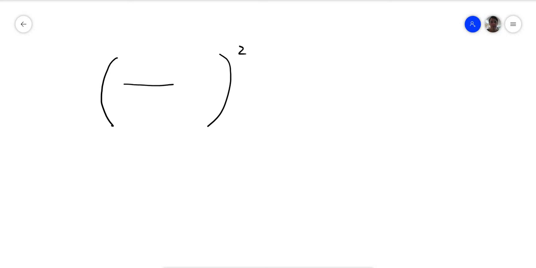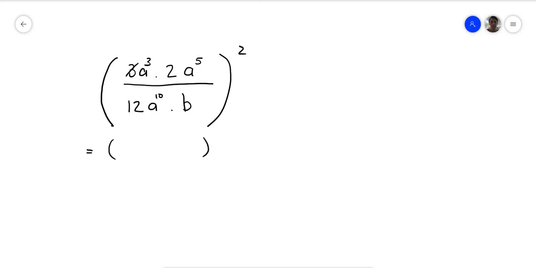So let's start here: 3a to the power of 3 times 2a to the power of 5 divided by 12a to the power of 10 times b. So let's quickly see if there's anything inside the brackets that we can simplify.